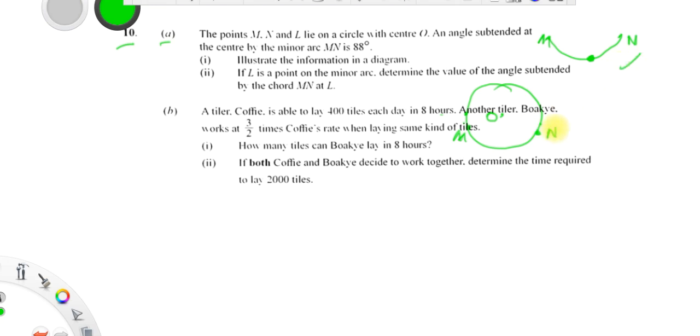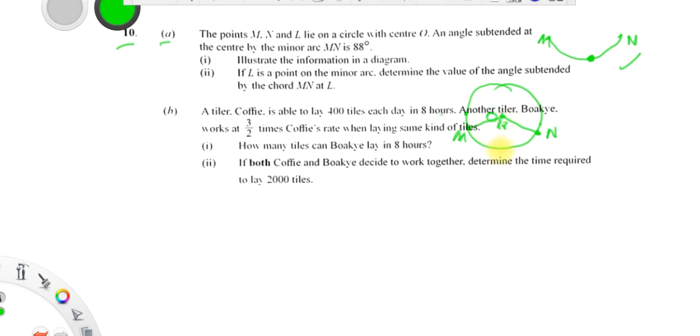If it's a minor arc, then this arc is a minor arc, and this minor arc makes an angle of 88 degrees at the center. The minor arc MN subtends an angle of 88 degrees, so this one will be 88.